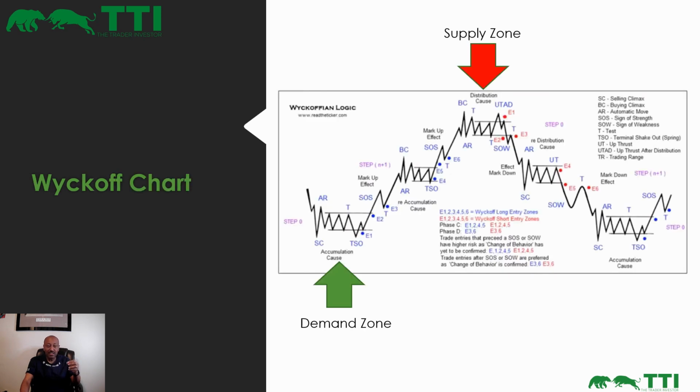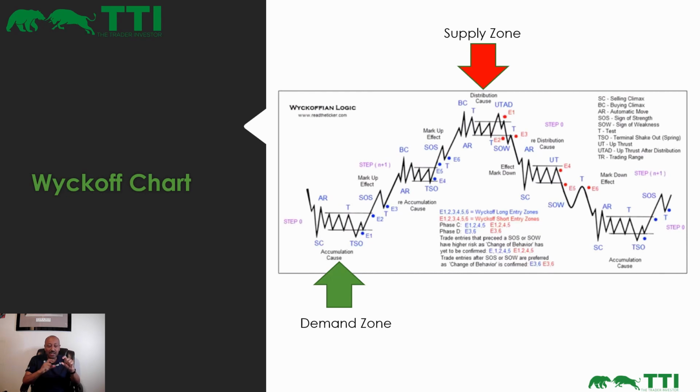And finally, on the demand zone and supply zone, I mentioned this clearly earlier, and Wyckoff is also a very good analysis to add to our supply zone and demand zone understanding. When we see accumulation, that's demand zone.